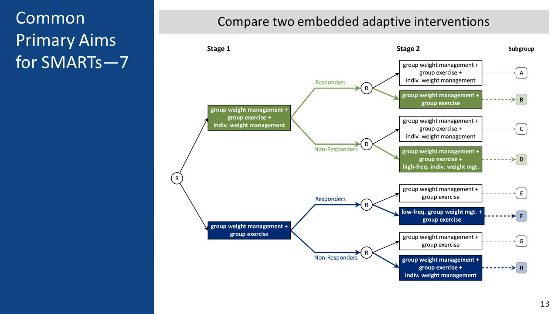So in this example, we'll compare the adaptive intervention that initially recommends group weight management, group exercise, and individual weight management, a step down tactic for responders, and a step up tactic for non-responders, so subgroups B and D, versus an adaptive intervention which recommends group weight management and group exercise initially, then step down for responders and step up for non-responders. So this is folks who end up in subgroups F and H.